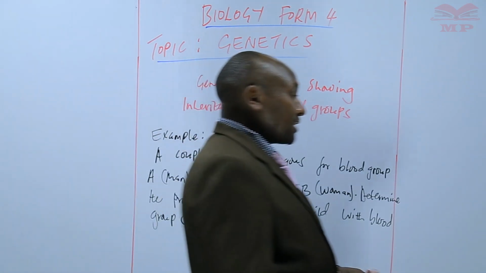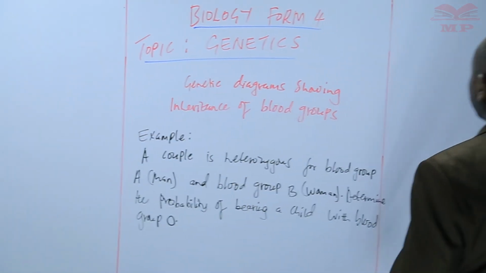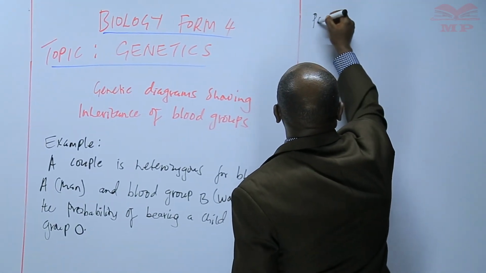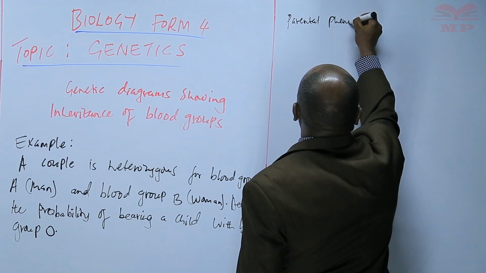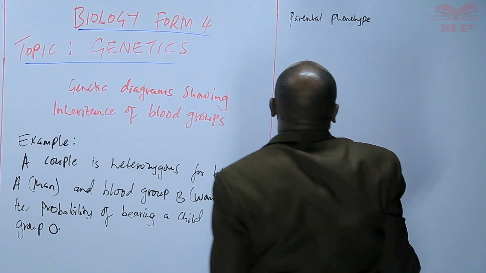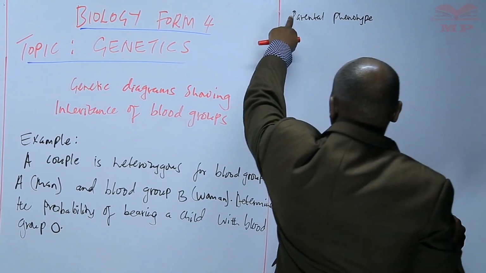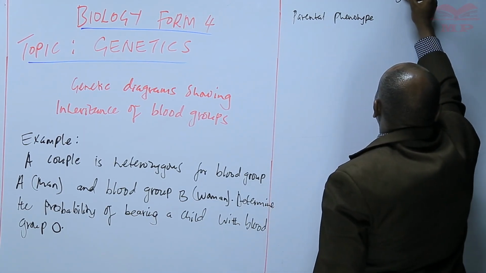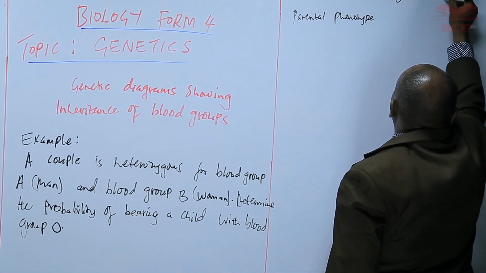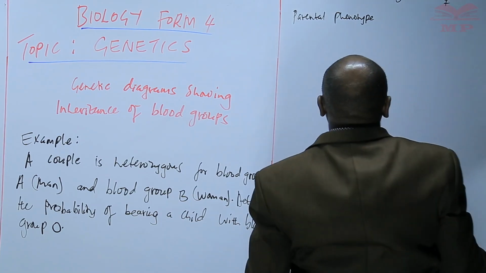We can show that in form of a genetic diagram, whereby we start with the parental phenotype. So this is the man and that is the woman.